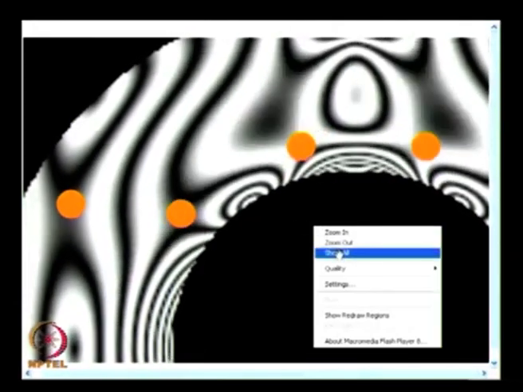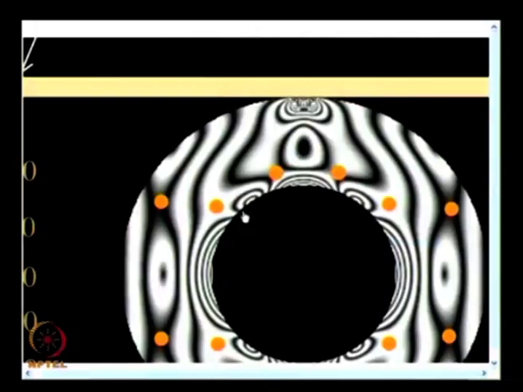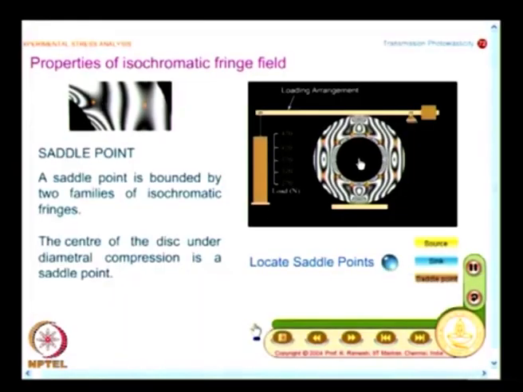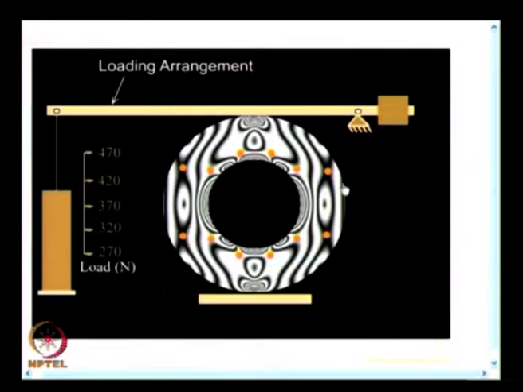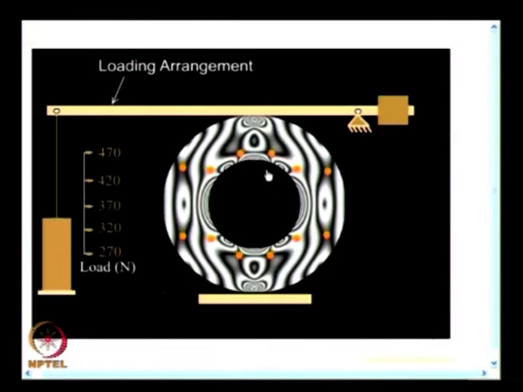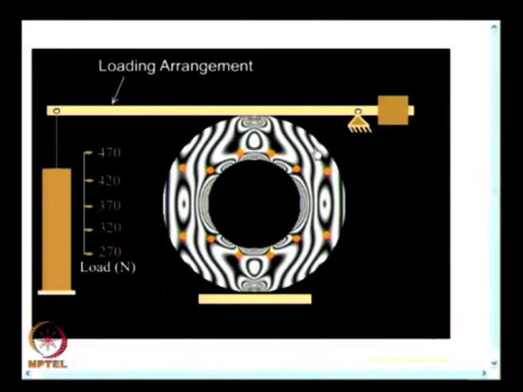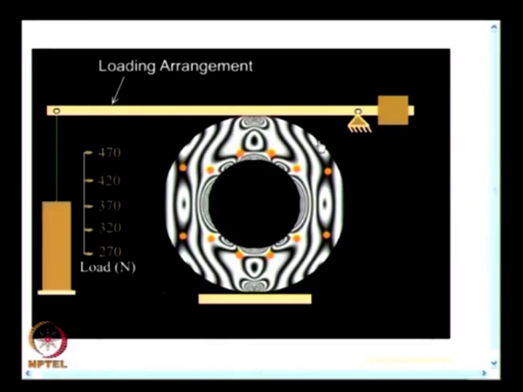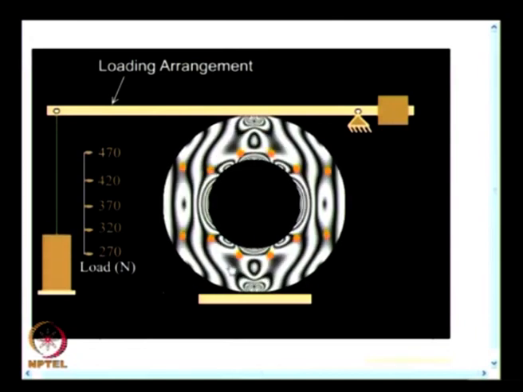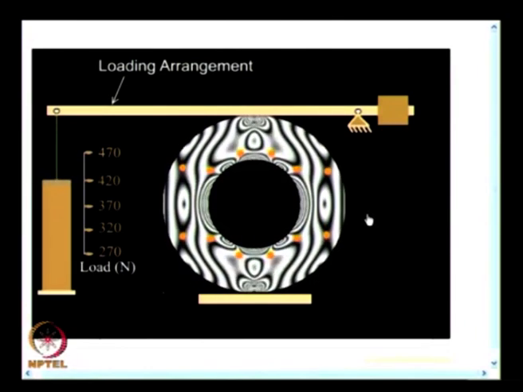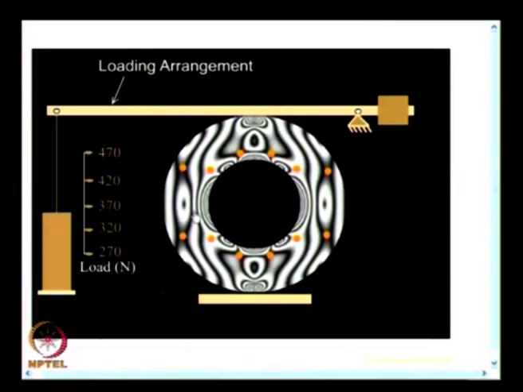And what you find here is, I have 4 points on the inner boundary, 1, 2, 3, 4 and 4 points on the outer boundary, 1, 2, 3, 4, where the fringe order is 0, and fringe order is also 0 at these 2 points.